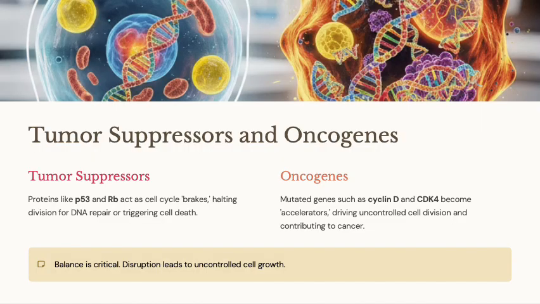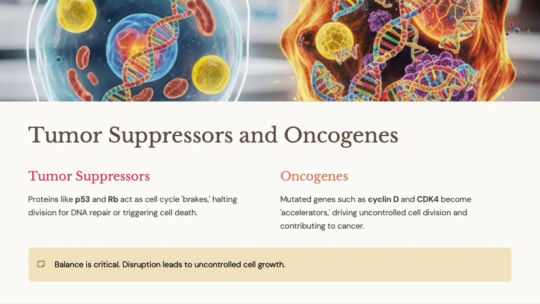Examples include p53 and retinoblastoma protein, or RB. These proteins monitor DNA integrity and cellular conditions. When DNA damage is detected, tumor suppressors can halt cell cycle progression to allow time for repair. If the damage is too severe to be repaired, these proteins can initiate programmed cell death or apoptosis, as we mentioned before.